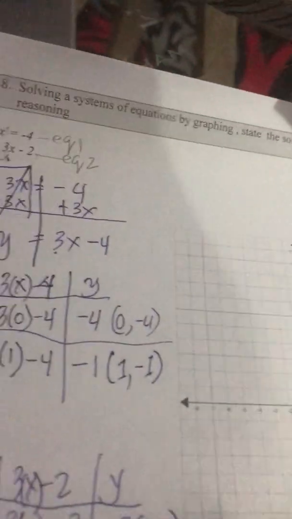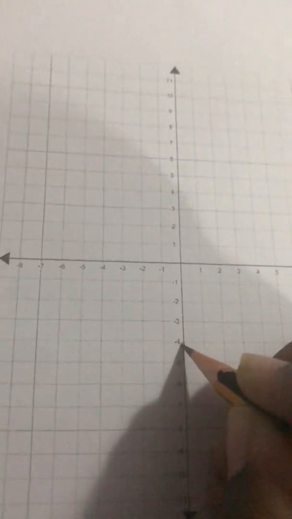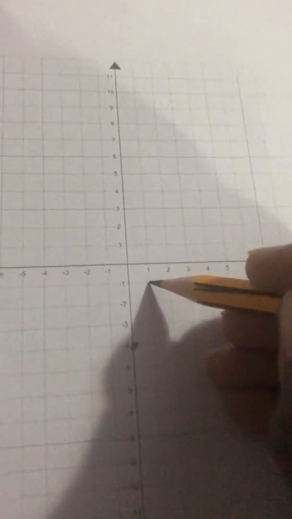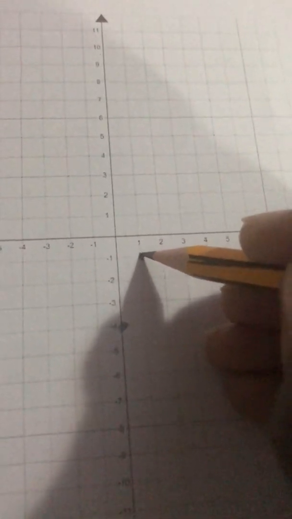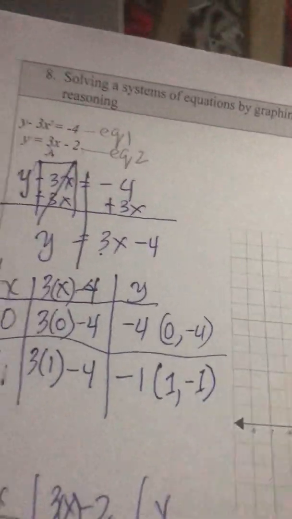All right. Then I take my pencil. My first one is (0, -4) and (1, -1). Once I put my first 2 points, I draw the line immediately because I don't want to confuse.